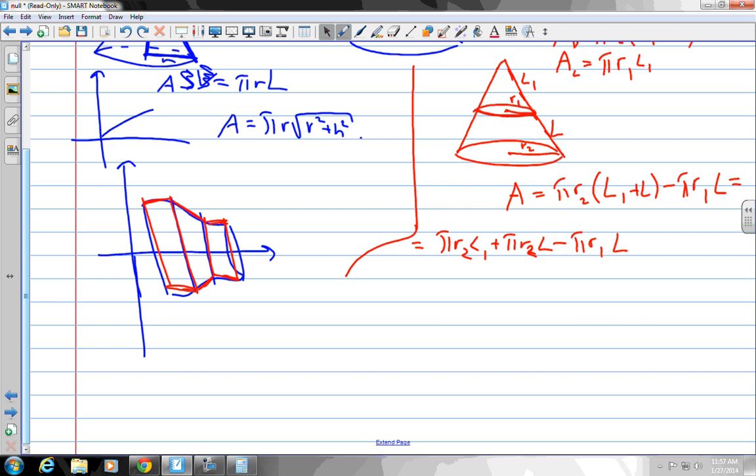Then I want to do some clever factoring. Pi comes out. This is L1 here, so I can rewrite this thing as this. I can group the L1s together. So that becomes (r2 minus r1) L1 plus r2 L.